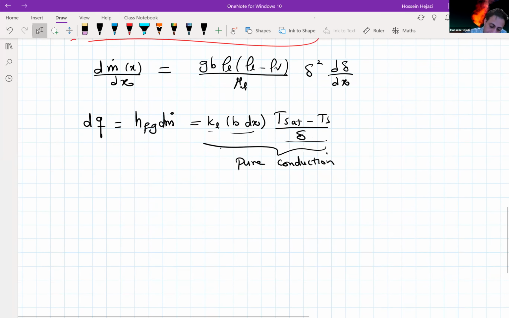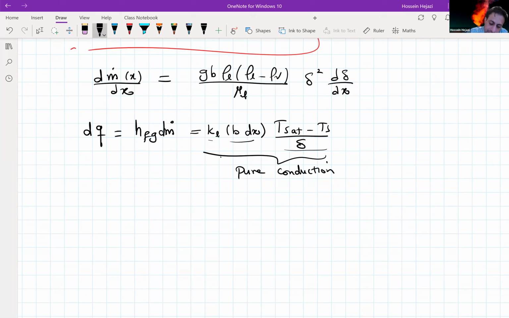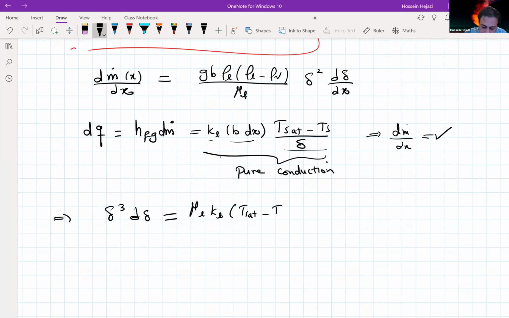So from here, we can get dm dot over dx. And if you replace it in the top equation, then what we are going to have is delta cubed d delta equal to mu L k_L (T_sat minus T_s) divided by g rho L (rho L minus rho V) h_fg times dx.